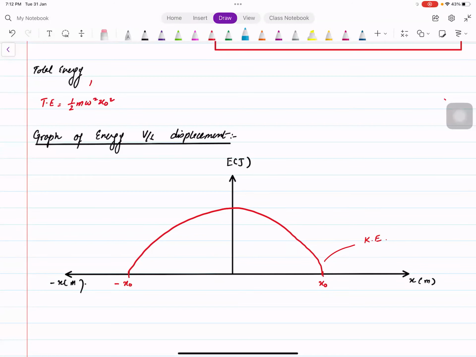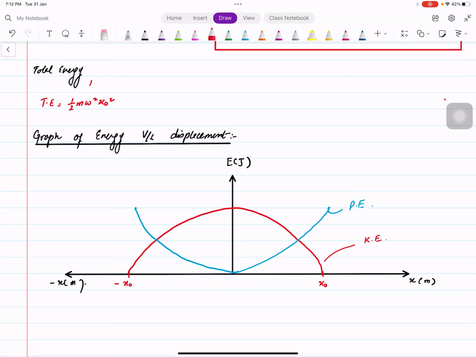When it shows you maximum energy on maximum displacement, it means this curve is the potential one. This is the potential energy curve. And no matter what, the sum of these will give you total energy.